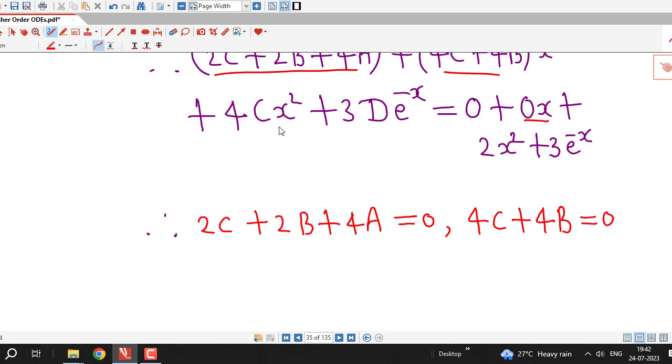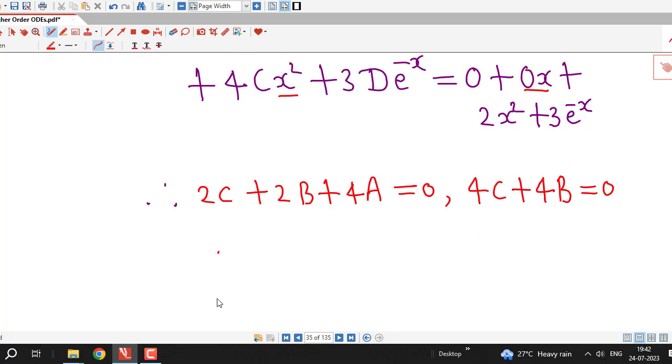Then coefficient of x square is 4c here, and here coefficient of x square is 2, so I have 4c equal to 2. Here coefficient of e raised to minus x is 3, and here it is 3d, so we must have 3d equal to 3.